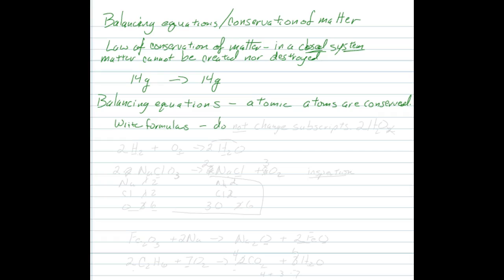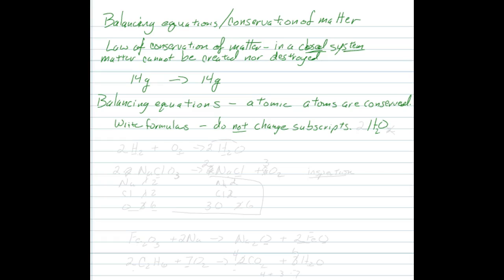Do not change the subscripts, the bottom numbers, to balance. If you write down water as HO by accident, then you go back and check and say, oh, that's supposed to be H2O, that's okay.